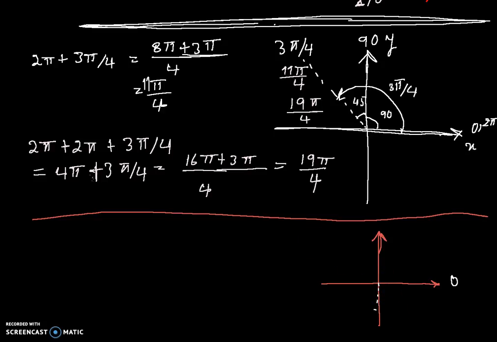If you come over here in this direction, this would be minus. You could say that this is 270.